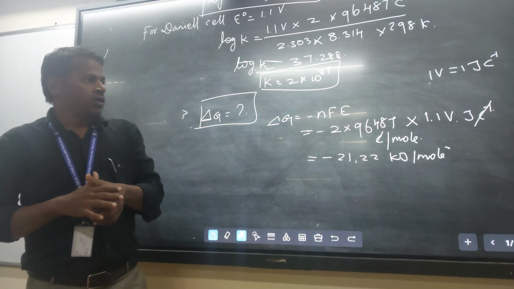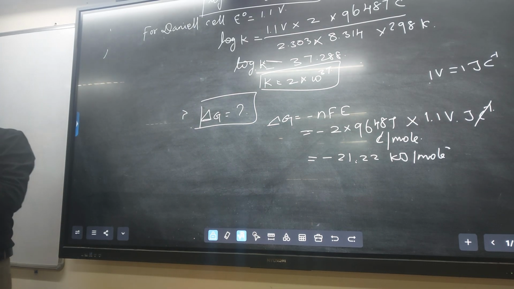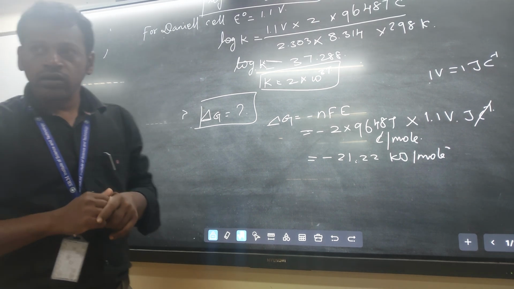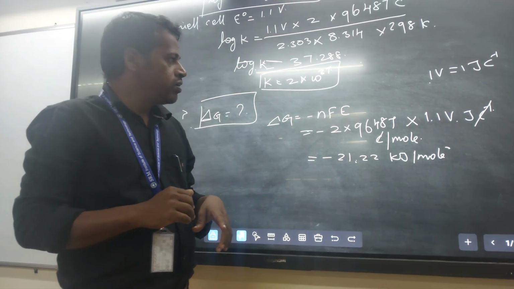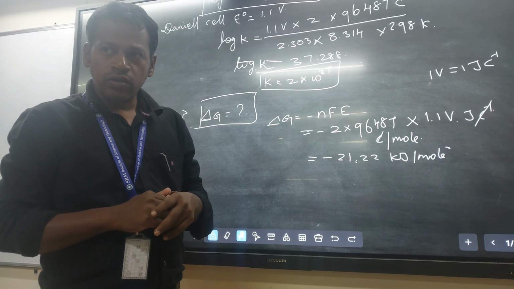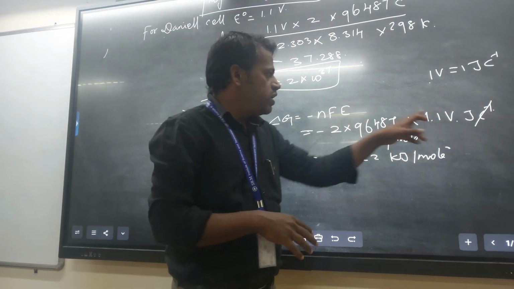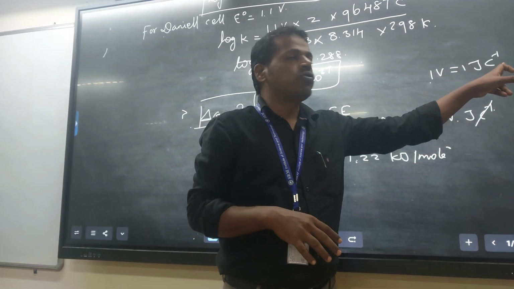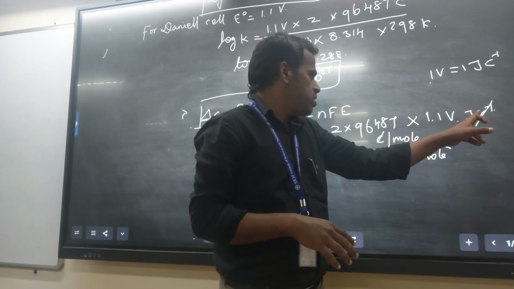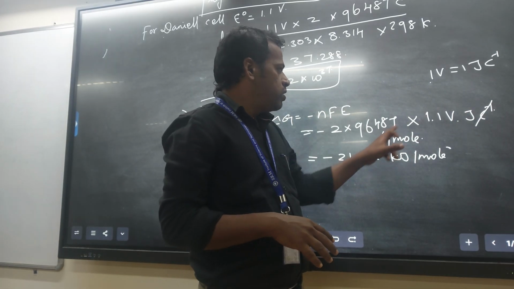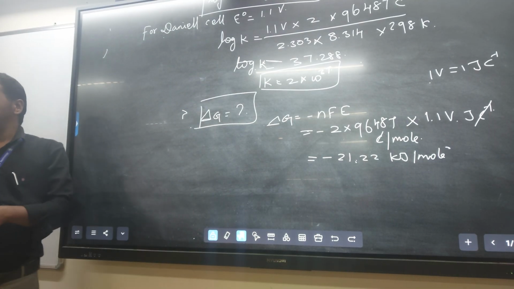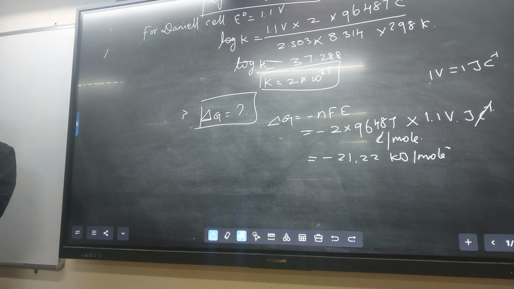Is there any doubt? E means the 1.1 volt, right? 1 volt equals 1 joule per coulomb. So here per coulomb cancels. Here joule is there, here per mole is there. Joule per mole. That mathematical calculation, you have to simplify quickly.